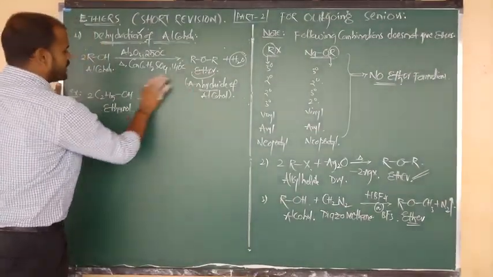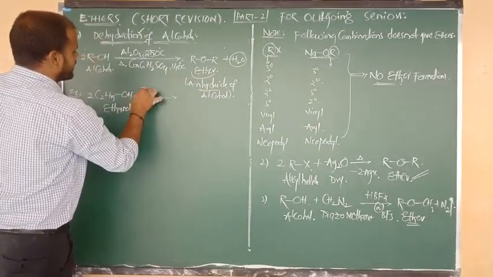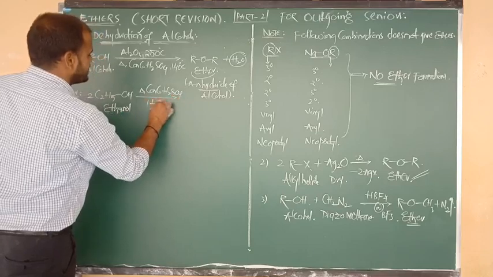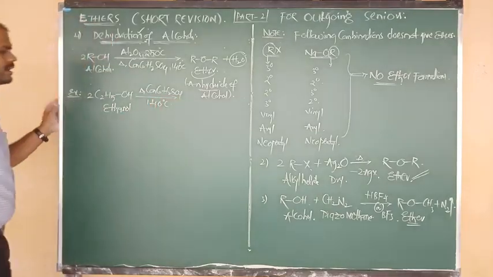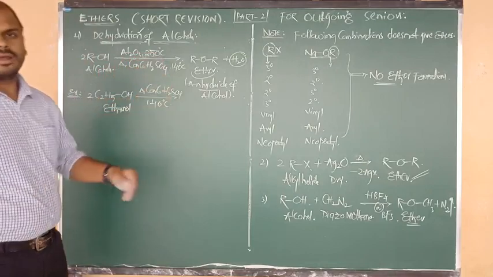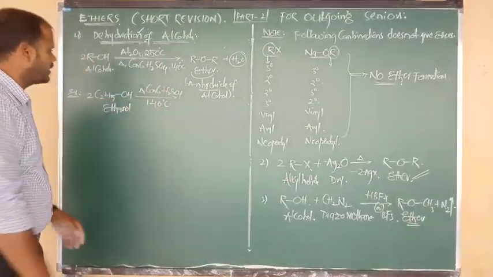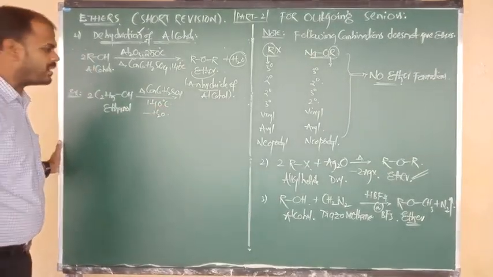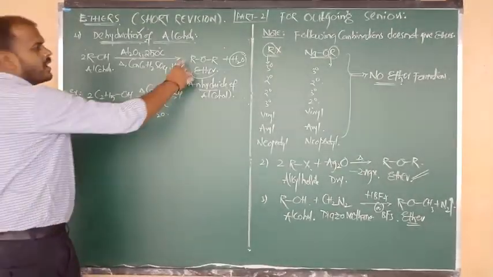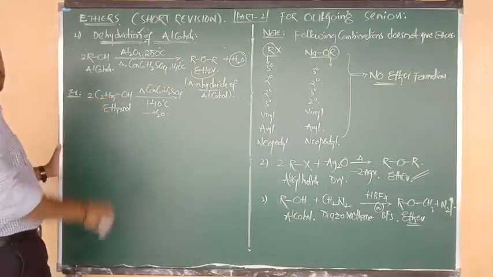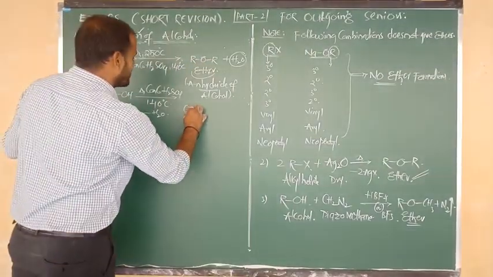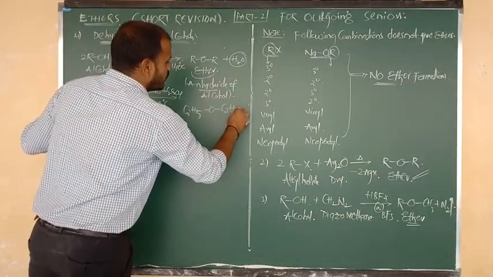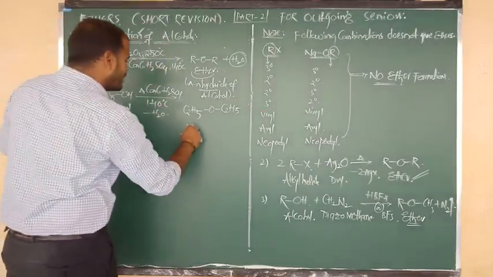Upon heating with concentrated sulfuric acid at 140 degrees Celsius, or upon heating with alumina at 250 or 260 degrees Celsius, it loses the water molecule and forms the product ROR. In place of R here we have taken the ethyl group, so we can write the product C2H5 bonded to O, again O bonded to C2H5. So what is the name of this product here?